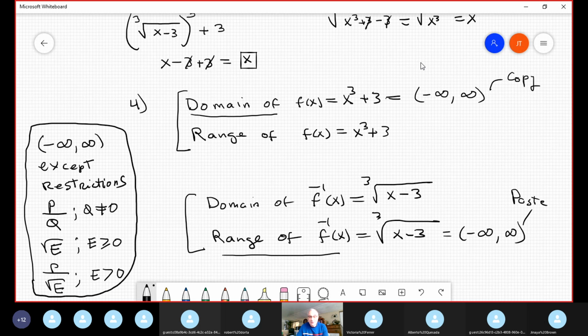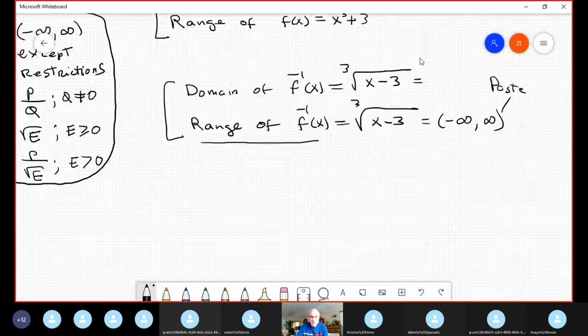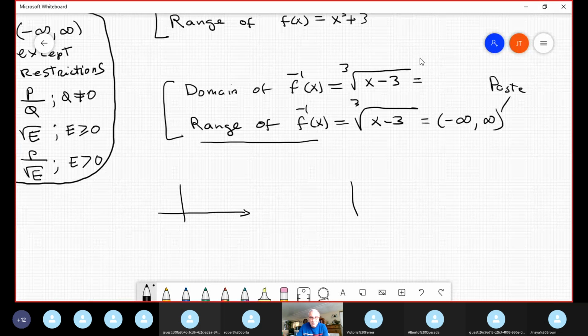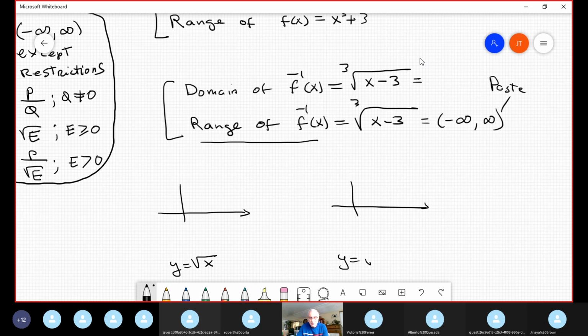And the domain of this, well, okay, we have no restriction. The same idea. When it's cubic root, no. Why no, guys? Let me explain in detail. You have to remember, for example, the graph of the square root function and the cubic root function.